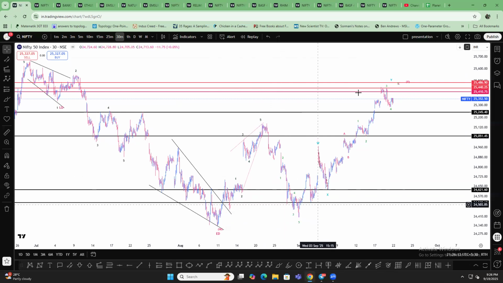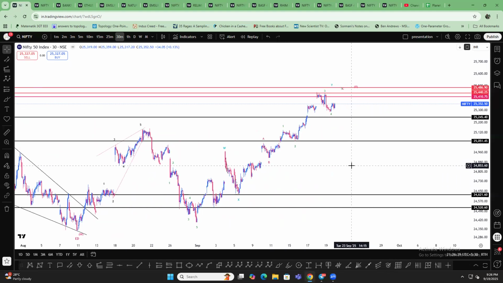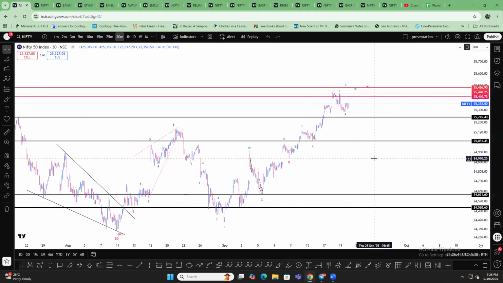So this move, we are suspecting that this is not an impulsive up move, rather, this is just WXY, another corrective pullback, and then the main trend may start, right? So, in this case, our view is short in the market.